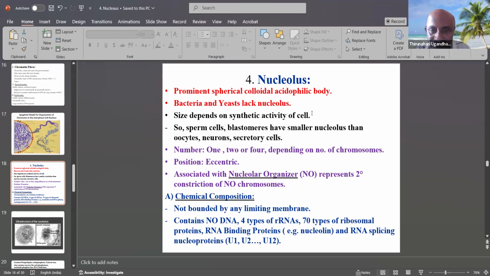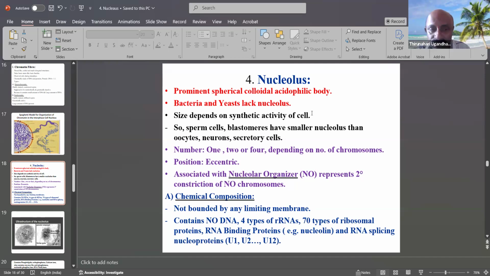The size depends on the synthetic activity of the cell. So sperm cells and blastomeres have a smaller nucleolus than oocytes, neurons, and secretory cells. Secretory cells, neurons, and oocytes have a large nucleolus.